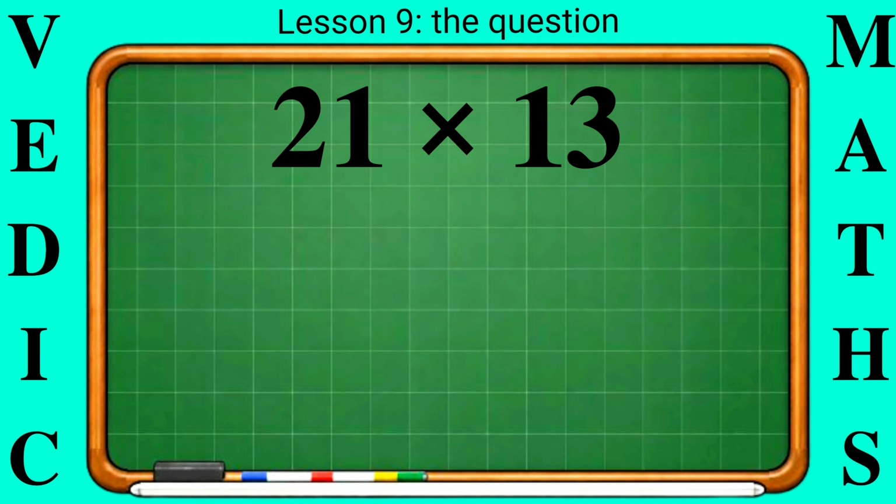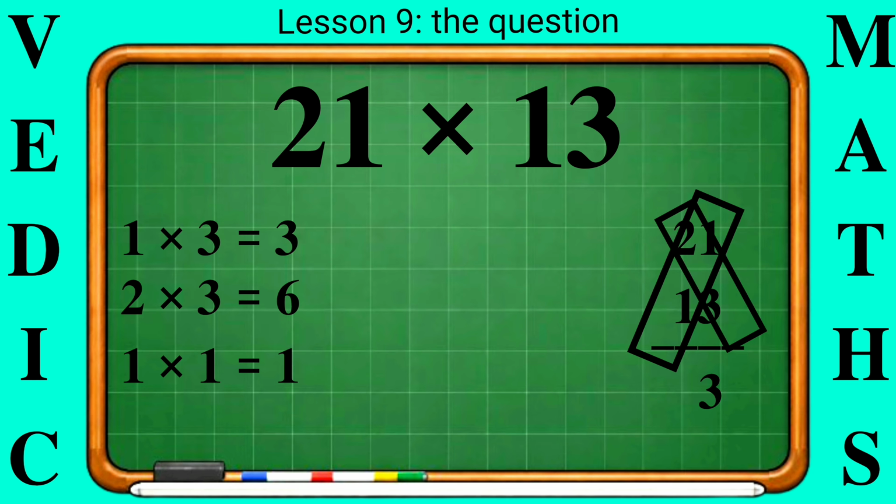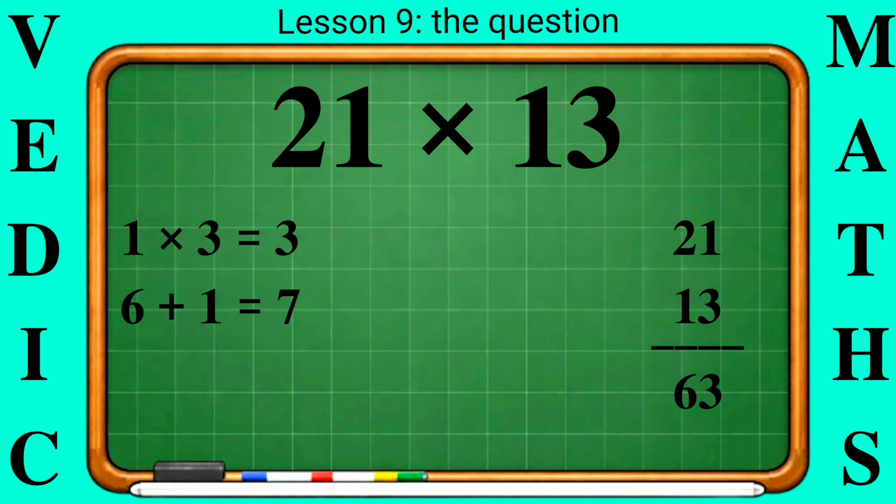So now, let us try to multiply 21 by 13. So now we will multiply 21 times 13. So now we first multiply the ones digit with each other. Next, we shall multiply the ones digit with the tens digit that is at the bottom, and then we make the cross again.